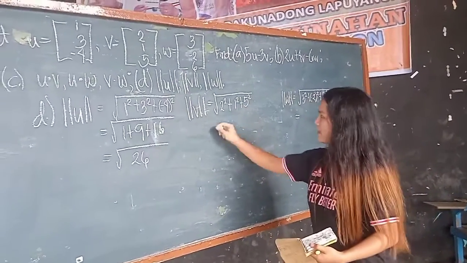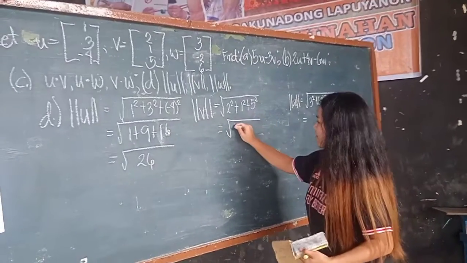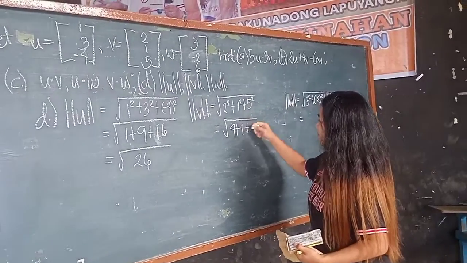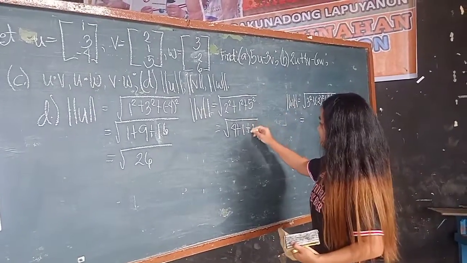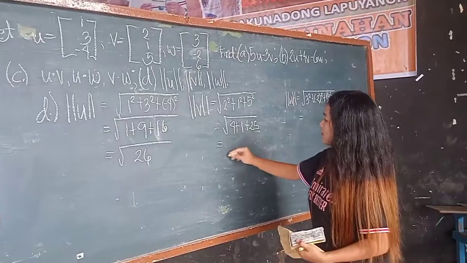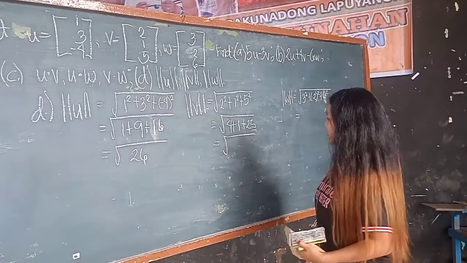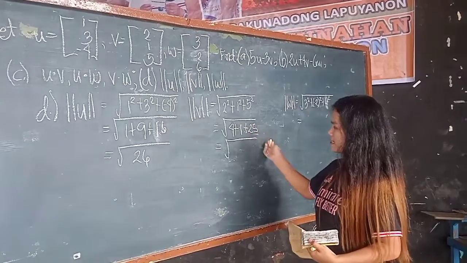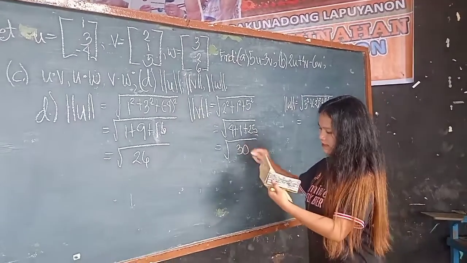Now letter B. 2 raised to the power of 2 is 4, 1 raised to the power of 2 is 1, and 5 raised to the power of 2 is 25. We add them: 4 plus 1 is 5, plus 25 equals 30.